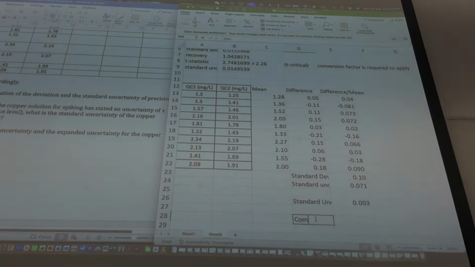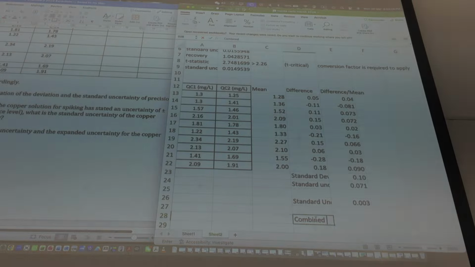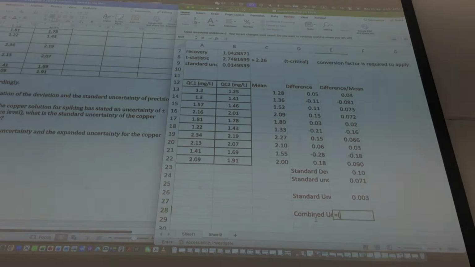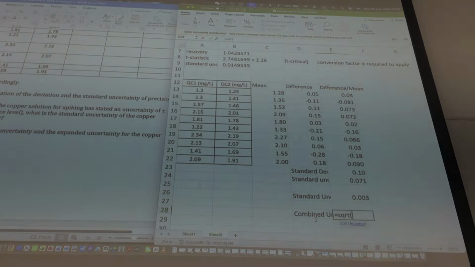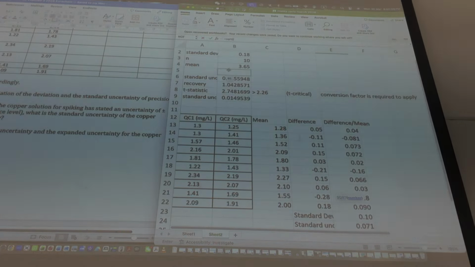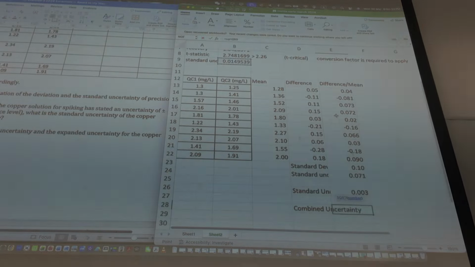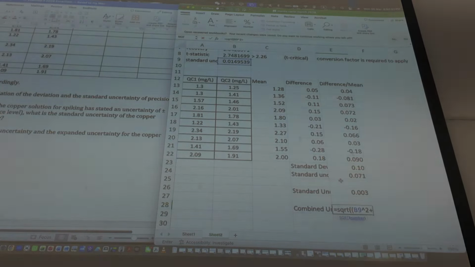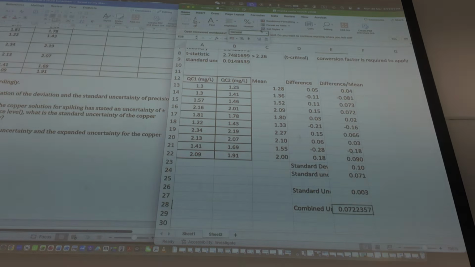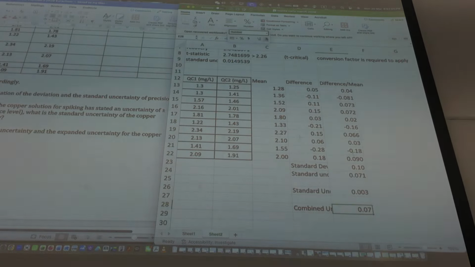So you try to combine the uncertainty. Okay, and so the combined uncertainty equals the square root of the standard uncertainty due to bias squared, plus precision squared, and then the standard uncertainty due to purity squared.